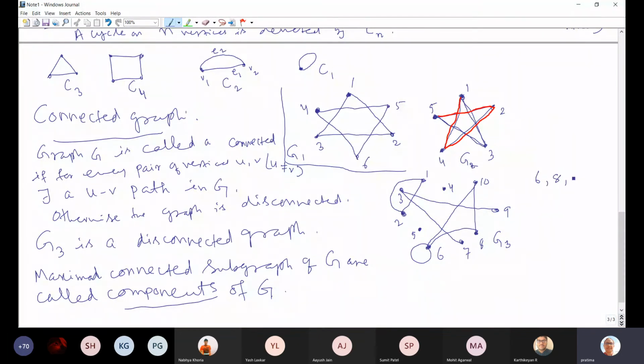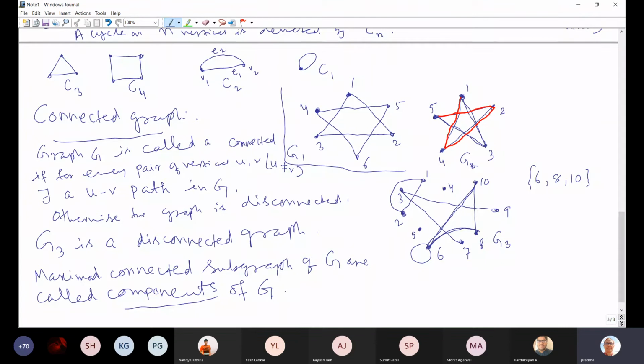This is the induced subgraph on these vertices, where we take all these edges.